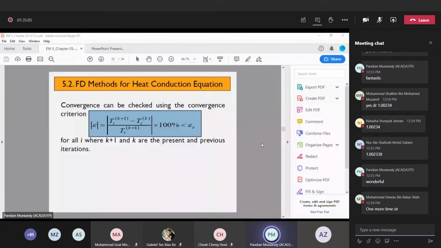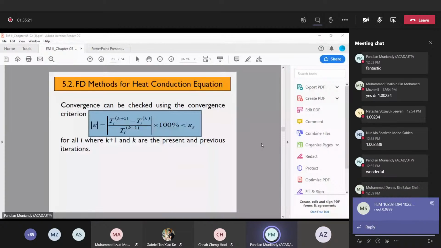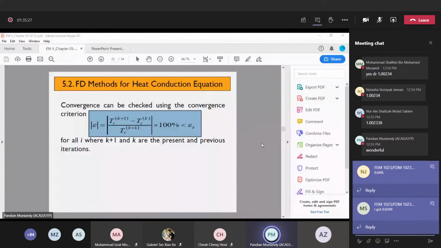2.00464 minus 2.00384 divided by 2.00464 for temperature 1 only, yeah? T subscript 1. Multiply by 100%. So what is the answer? 0.04. Wonderful, Natasha.